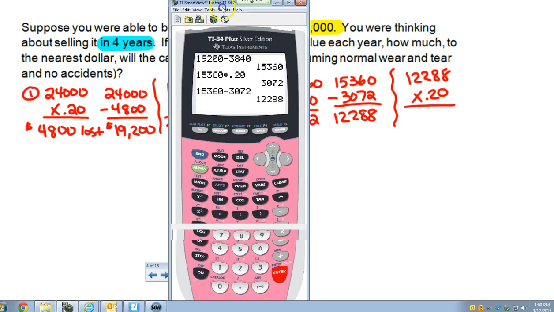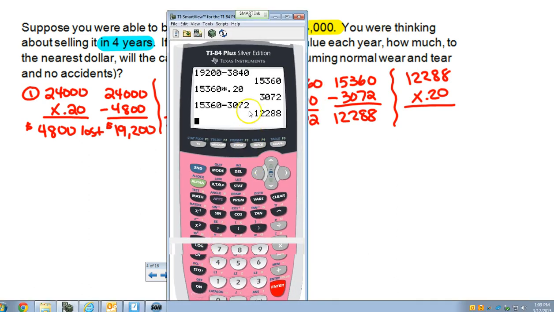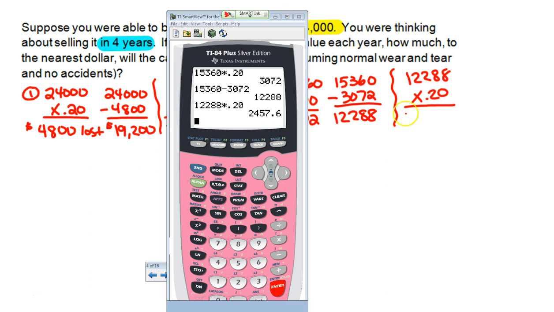Okay, so finally, year 4. I'm now going to see how much I'm going to lose. So now I'm going to lose $2,457.60.